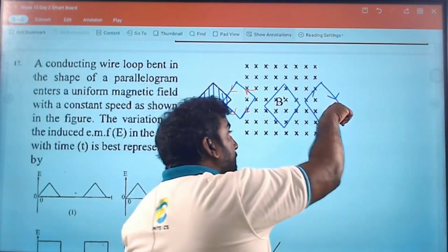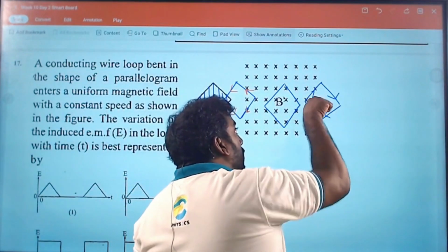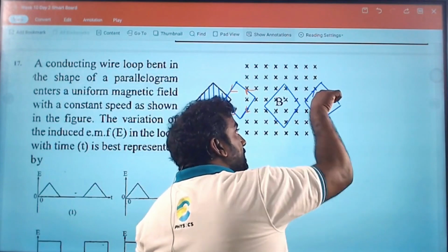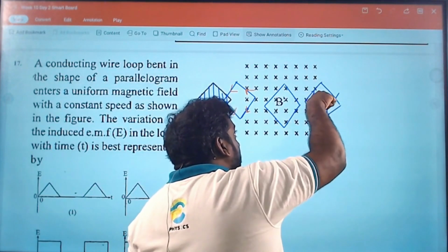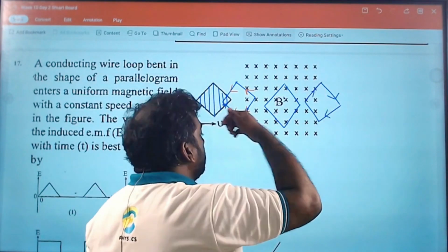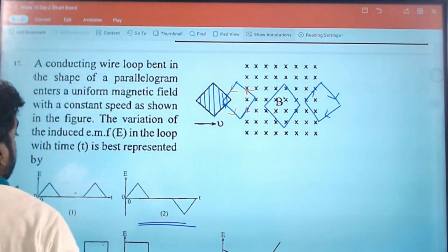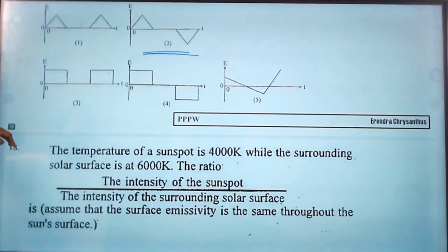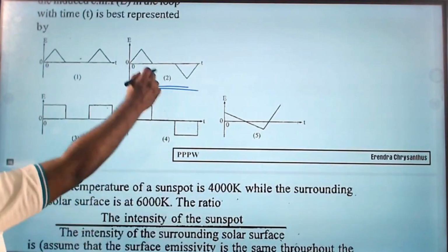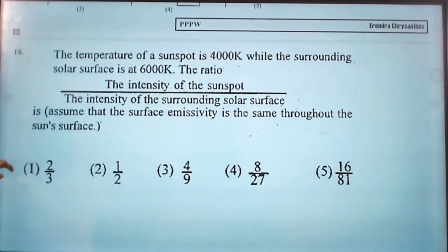We must oppose it, so we increase the field inwards. This will give us a clockwise current. So anti-clockwise, clockwise current. Right.